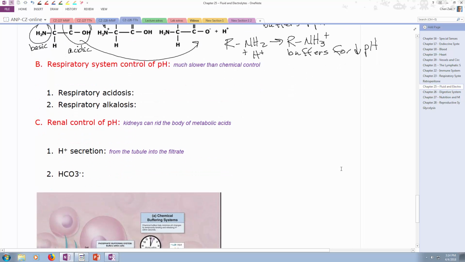Now, another system that helps with minimizing pH changes that will come into play if our chemical buffering system is overwhelmed is the respiratory system. And we've discussed the respiratory system, how it can impact blood pH by whether we hyper or hypoventilate.